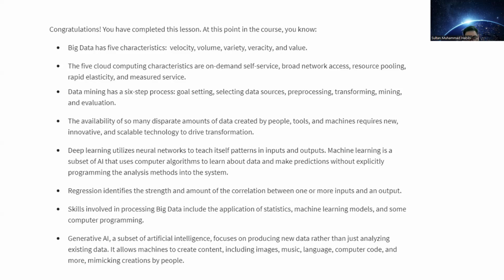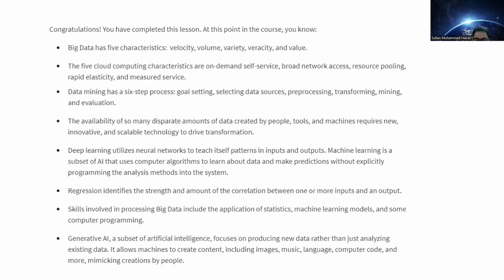Machine learning requires innovative and scalable technology to drive information transformation. Deep learning, of course, uses neural networks to teach itself better input and output. Machine learning is a subset of AI that uses computer algorithms to learn new things about data and make predictions. Regression measures the strength and amount of correlation between one or more inputs and outputs, like the example I've said before about the housing market.